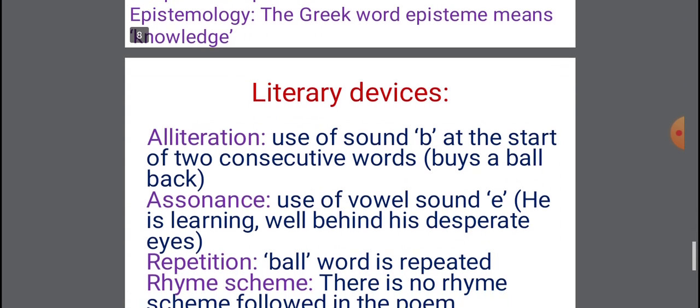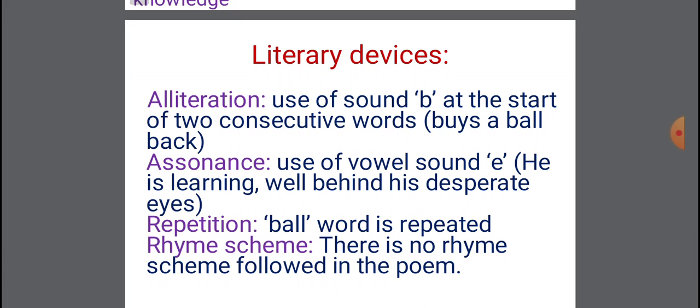And in this stanza, these literary devices are used. Alliteration means use of consonant sound. Here the B sound is repeated in conjunctive words: buys a ball, B at the start of two conjunctive words, buys a ball back.